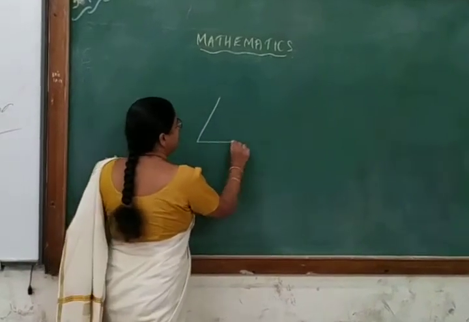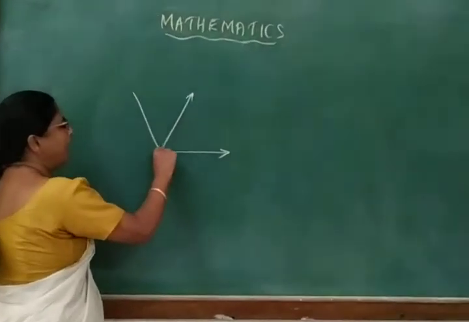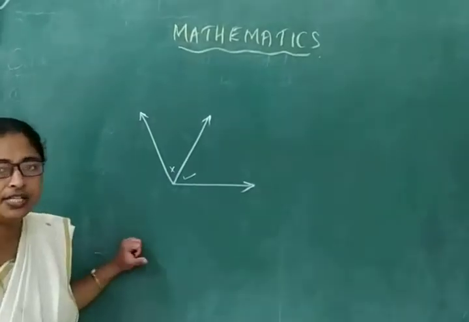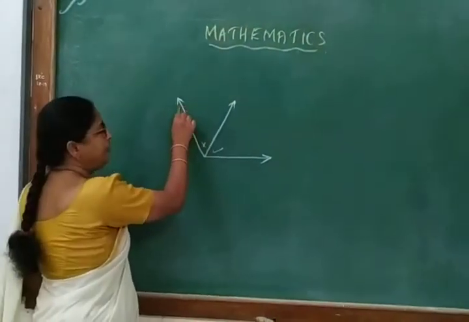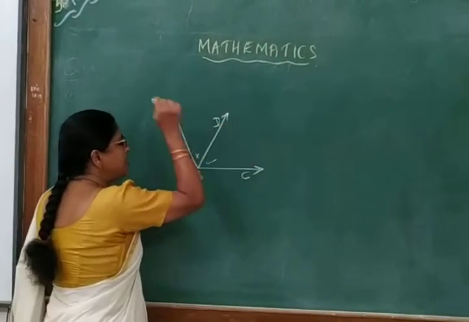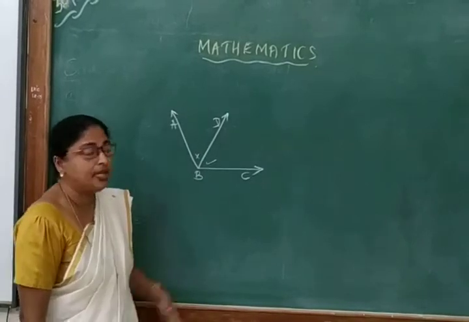If there are two angles with a common arm, those two angles are called adjacent angles. In the figure, ABC, ABD and DBC are the three angles.